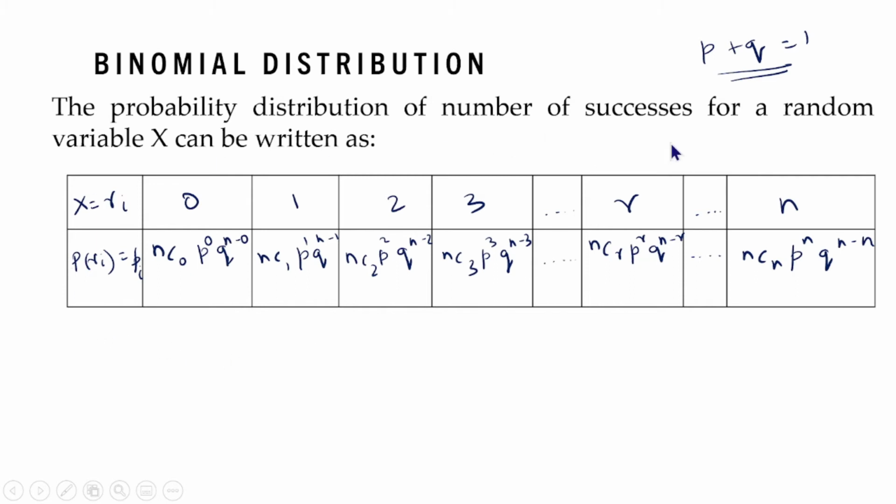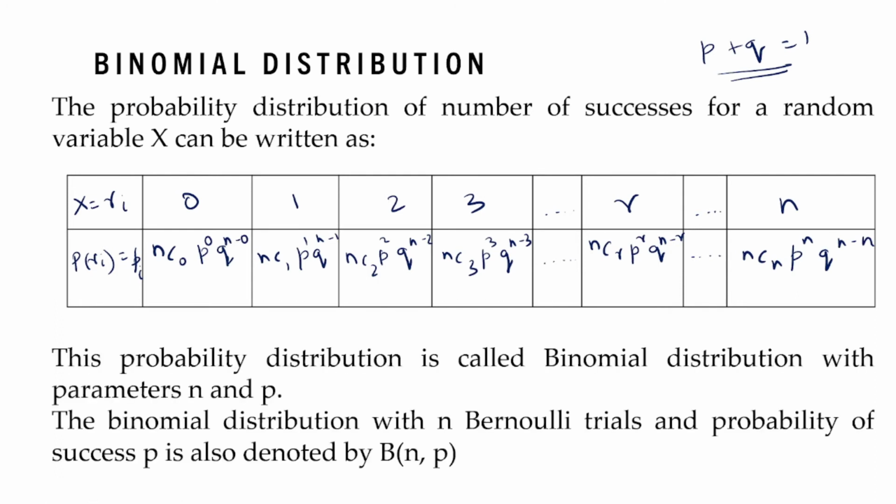So this distribution is called the binomial distribution. This probability distribution is called binomial distribution with parameters n and p. The binomial distribution with n Bernoulli trials and probability of success p is denoted by b(n, p).